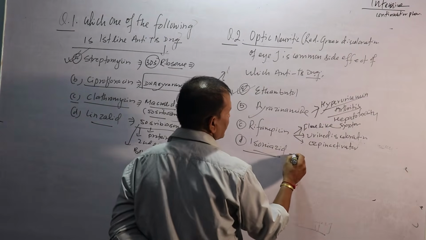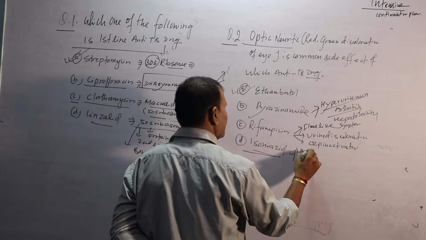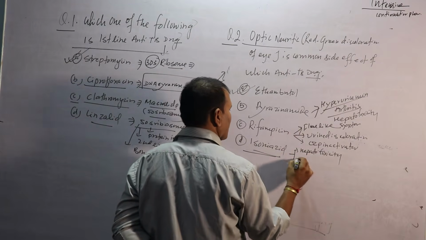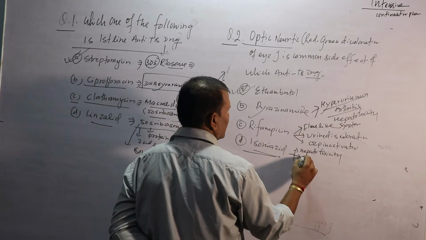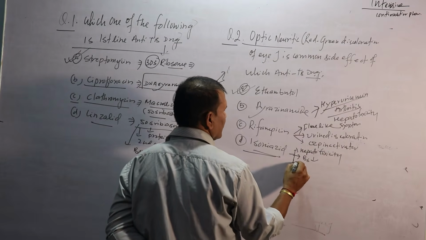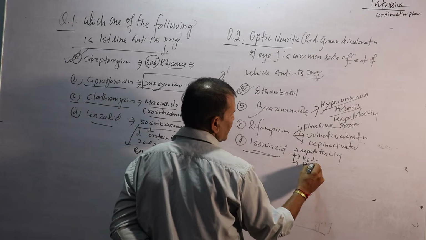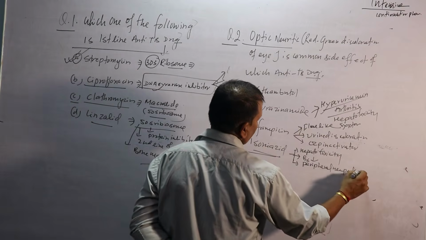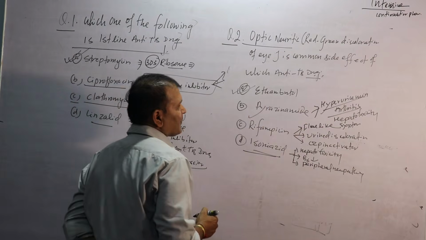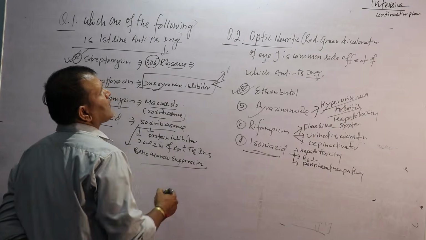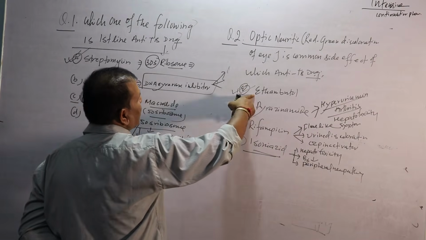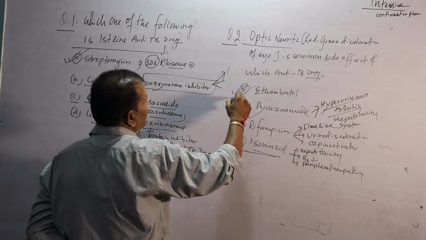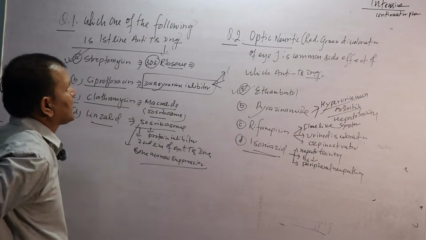Isoniazid has hepatotoxicity. Others are vitamin B6 deficiency, peripheral neuropathy, lupus-like SLE, and sideroblastic anemia. So E for eye: optic neuritis, red-green discoloration is caused by ethambutol.